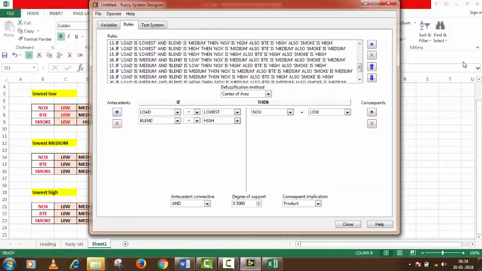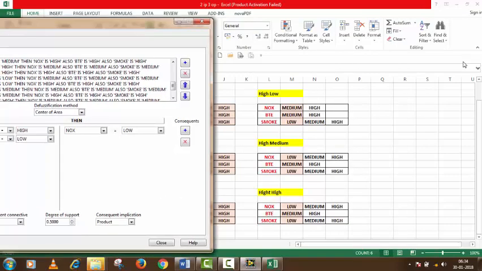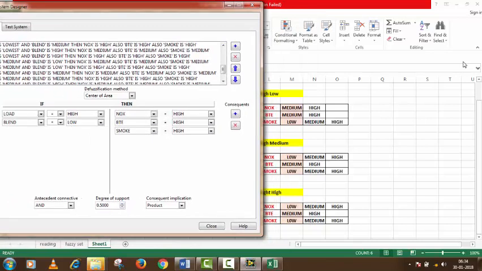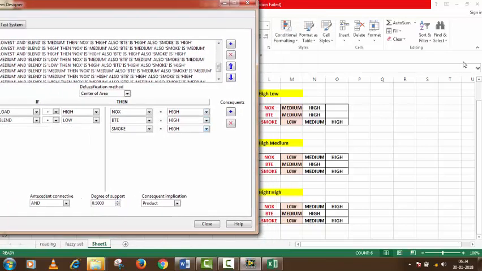NOx is high, load is high, blend is low. So what I needed? NOx, BT, smoke. NOx is high, BT is high, smoke is medium. Yes.